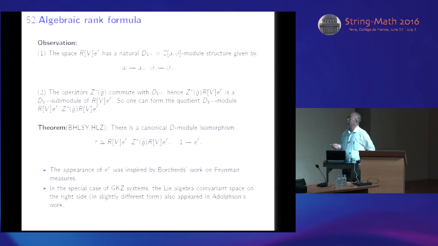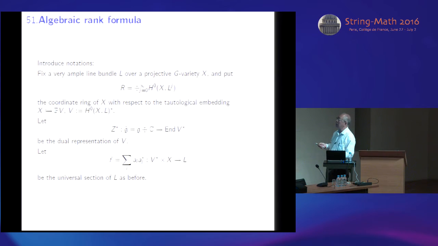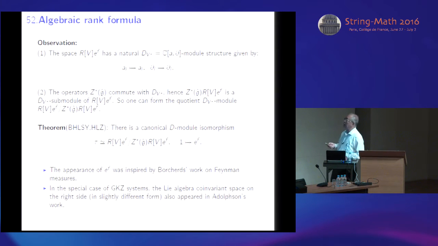Now we can look at the following thing. R_V is the coordinate ring that I mentioned here. And now we tensor with e^F, where F is the universal section we mentioned. It has a natural D_V star module structure, and the operators we just mentioned commute with D_V star.